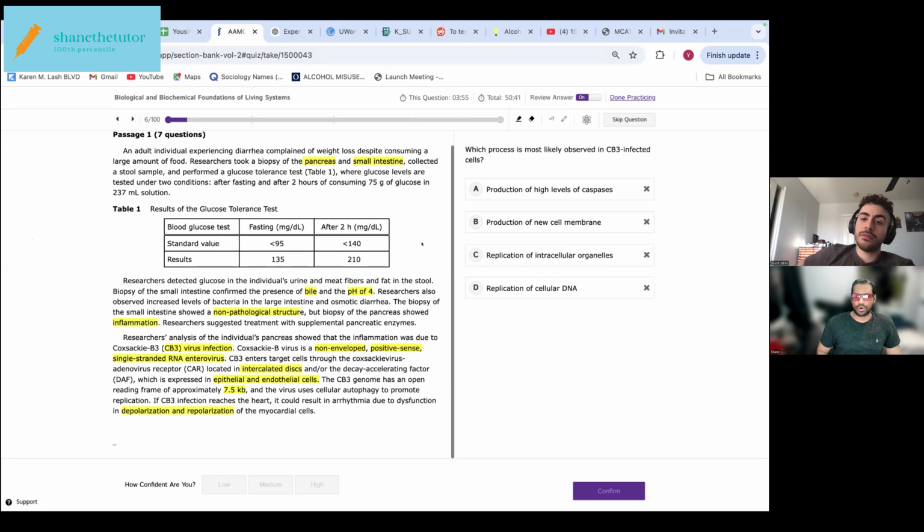So if you're making more organelles, you wouldn't really be eating yourself, right? Yeah. So C we can eliminate. Would you be able to eliminate D because it talks about replication? Yep.